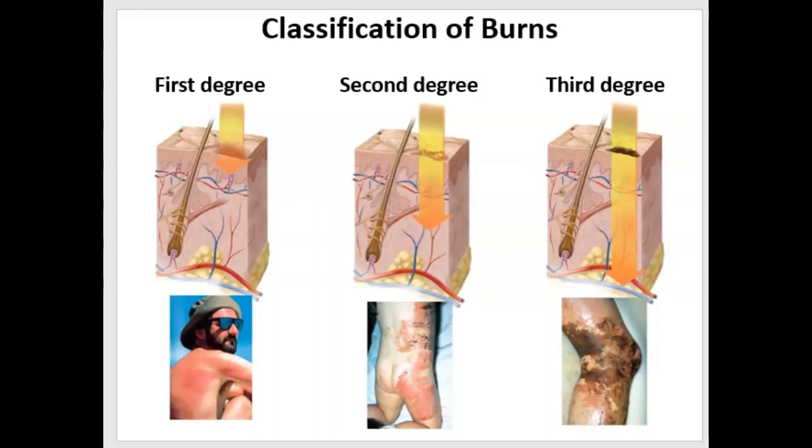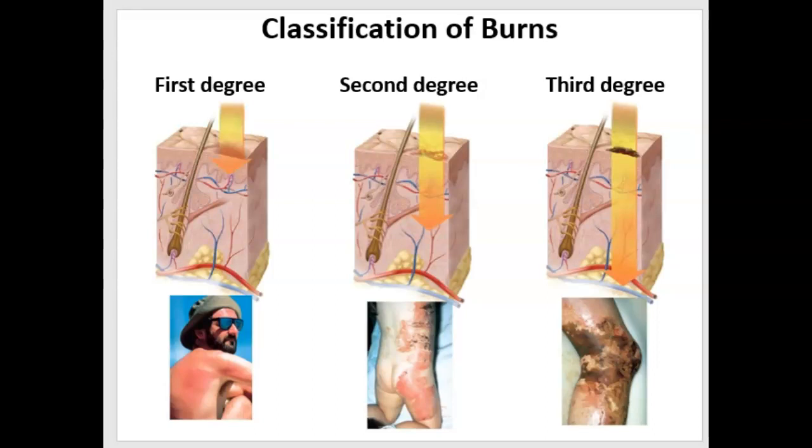A first-degree burn involves only the epidermis, so only stratified squamous epithelial cells are damaged. You'll have localized redness, swelling, and pain. It tends to heal in 2 to 3 days. Sunburn is usually a first-degree burn, but I've seen some sunburns that were almost second degree, believe it or not.